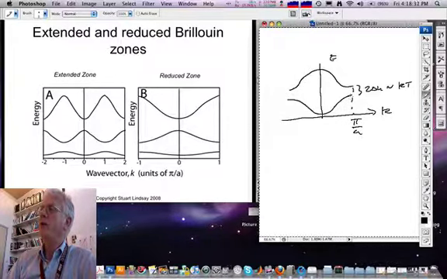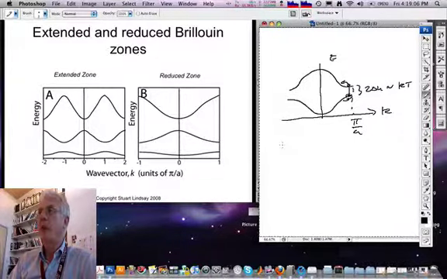We will promote electrons from the top of the band in this region here and leave behind unfilled states. So electrons at the top of this band now have a place to go to, and of course electrons in this almost unfilled band have places to go to as well.